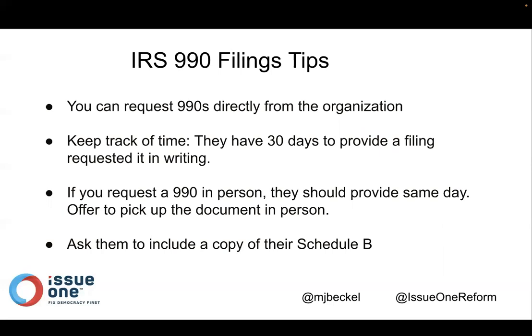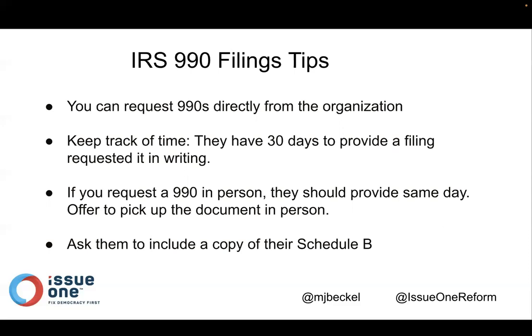And, again, some groups play ball easier than others. Some groups definitely accept requests via email and will email you back a PDF copy of their 990. Other ones really drag their feet, make you put it in writing, make you wait those full 30 days before they mail it back to you.